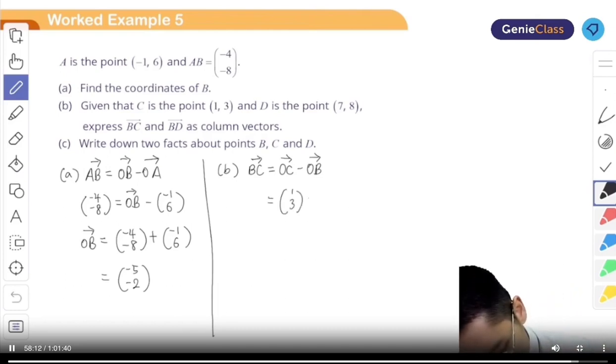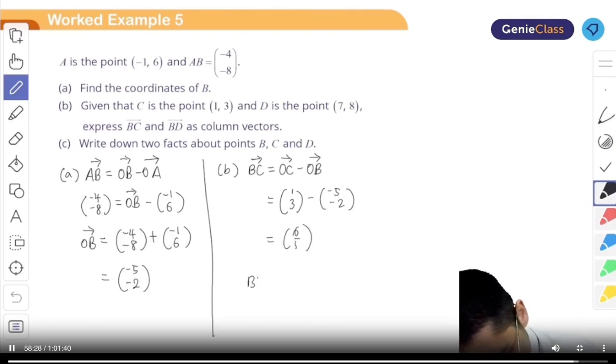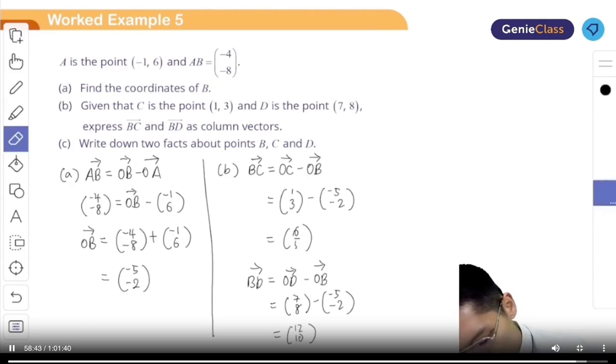OC minus OB, where OB is (-5, -2). So that's going to be (6, 5). And then you realize BD, following the same notion, OD minus OB. So that's going to be (7, 8) minus (-5, -2), which is (12, 10). That is what I have over here.